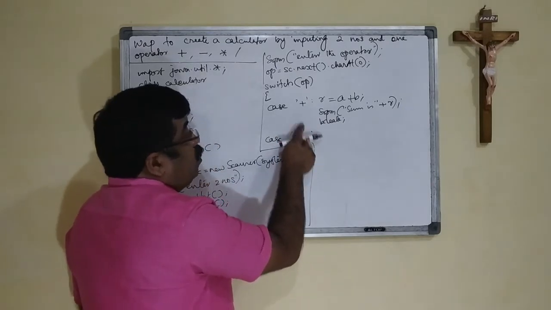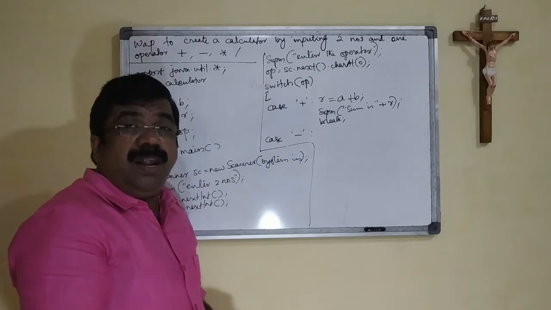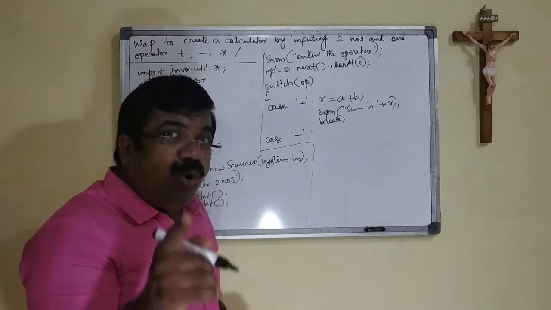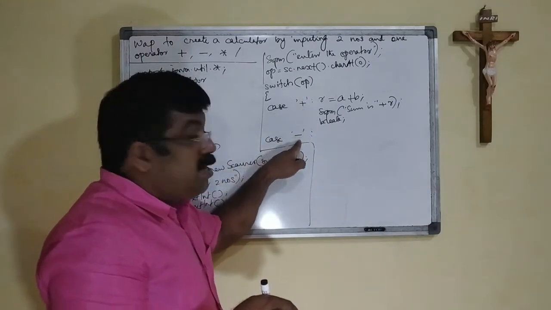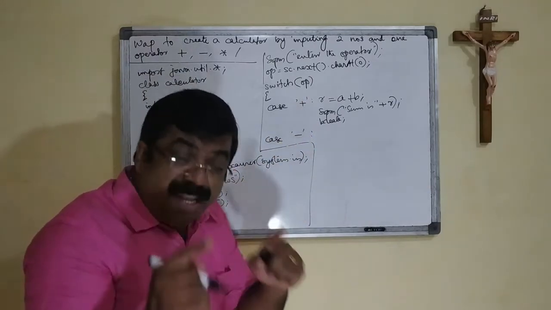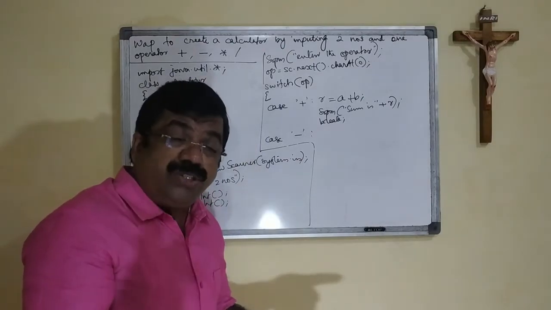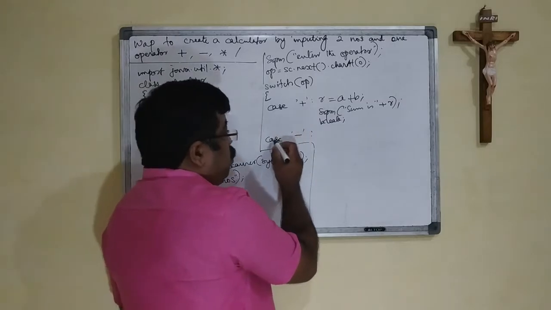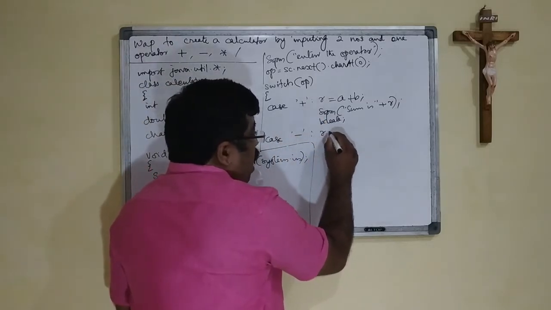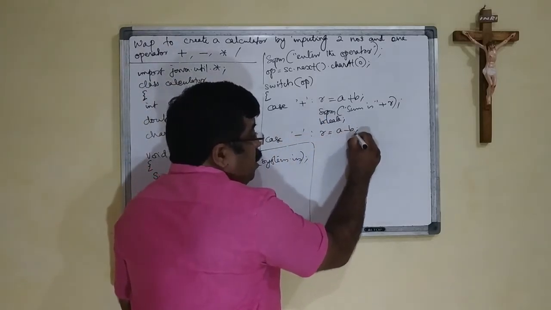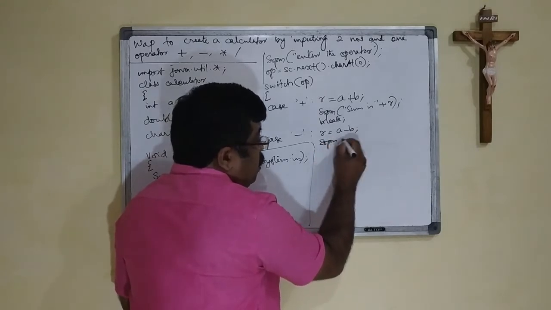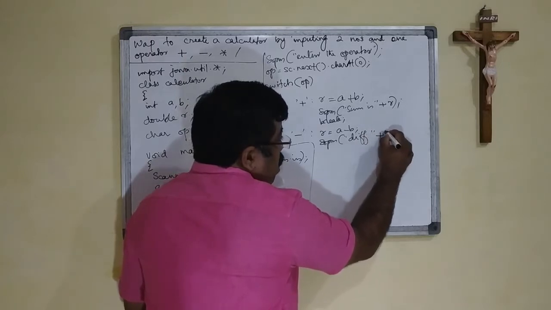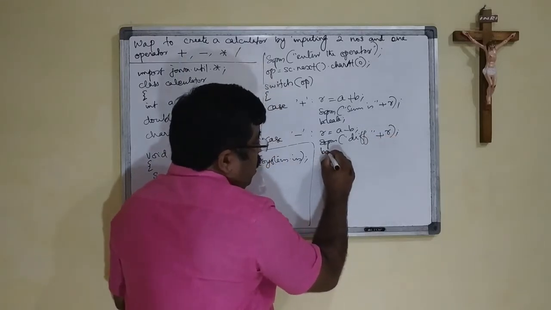Why is this single quotation given? Because it is a character constant. I told you earlier, these constants can be either integer constants or character constants. Now case minus, we give R is equal to A minus B. Output is printed. SOPLN, difference is plus R. The break is given.